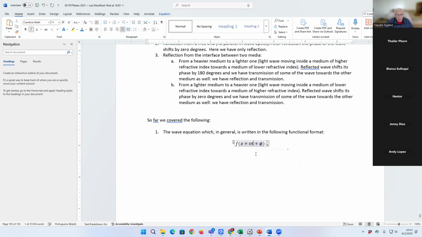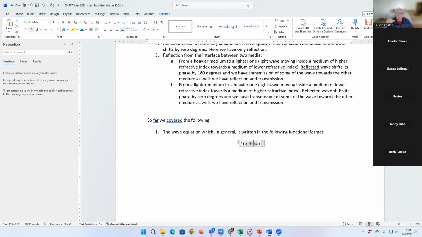Or we can even put a phase term in there. No, the phase term is a constant, so it's x plus and minus vt, right? It can be sine of 2 pi over lambda times x plus or minus vt.